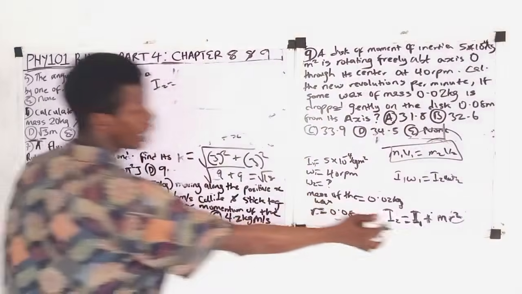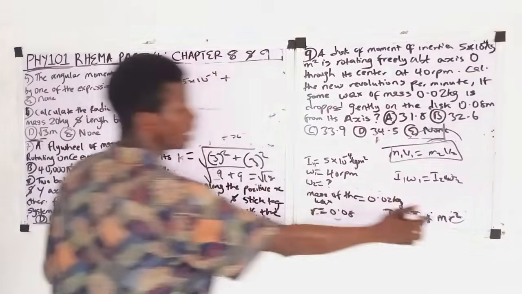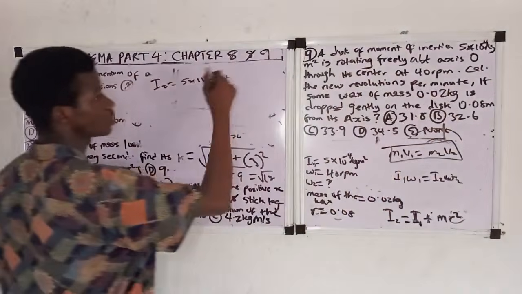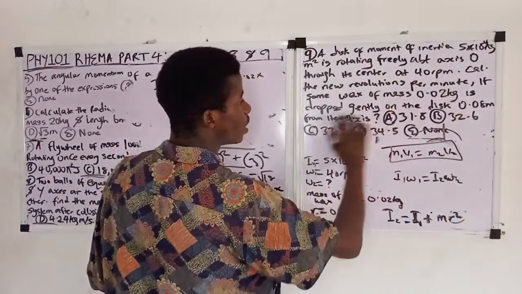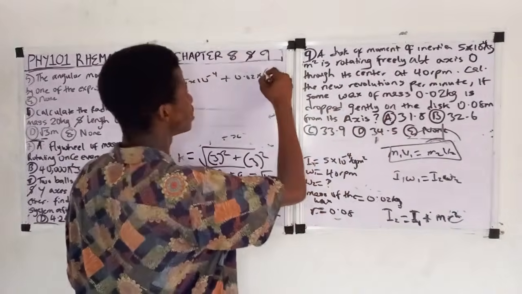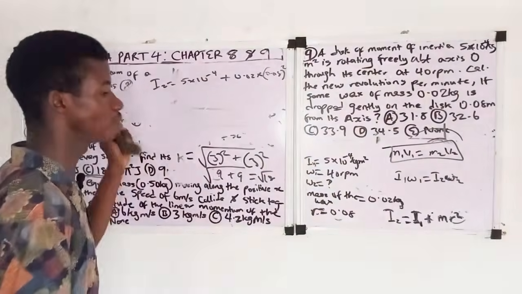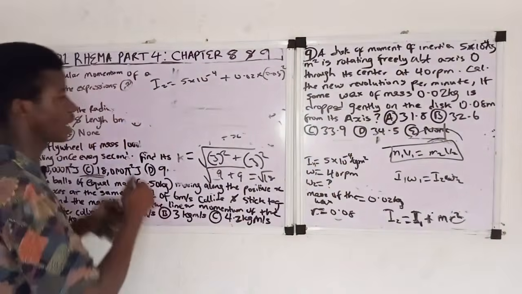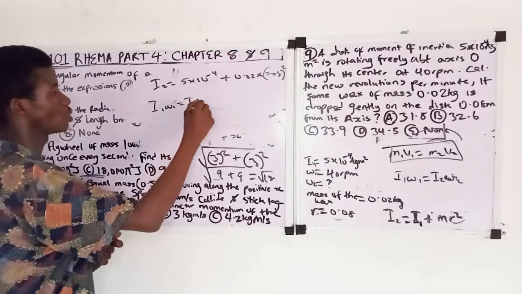So I2 will be what? I1 is 5 times 10 raised to minus 4, then plus the mass of the wax, 0.02, times the distance, 0.08, all squared. So this will be I2. Now let's do it. I1 W1 equals I2 W2, right?